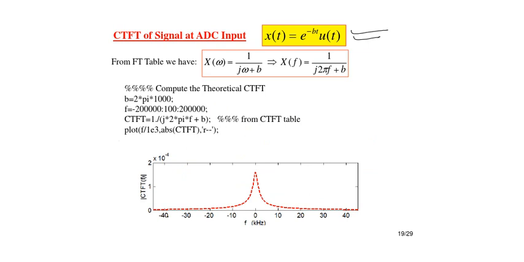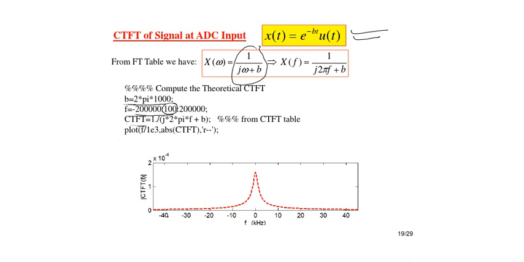You can write the MATLAB code to plot the CTFT, right? B is 2000 pi, and I'm ranging f from minus 2 lakhs to 2 lakhs. The spacing is 100 so that the curve looks good, because there are too many points. Then this is the CTFT, the same expression, 1 upon j2 pi f plus B, right? Then you can plot it. So the CTFT looks like this for this decaying exponential.